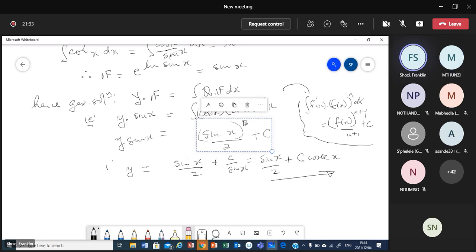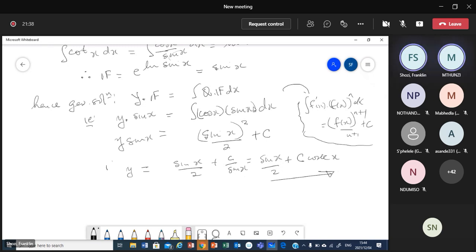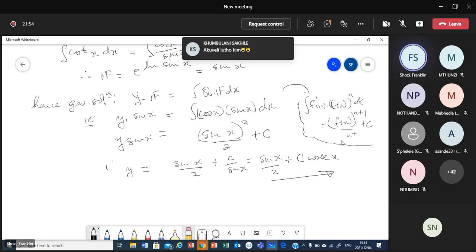Okay, what I've done here, you see here we have cos x and sin x. I looked at sin x, so that if I differentiate sin x, it gives me this. In maths 1, we were taught that if you have your f at x here and your derivative is this one, your answer is given by f at x to the power n plus 1 over n plus 1.